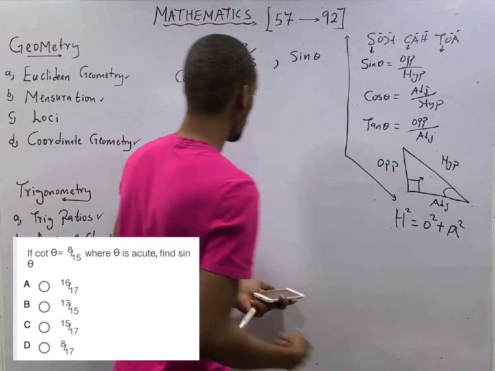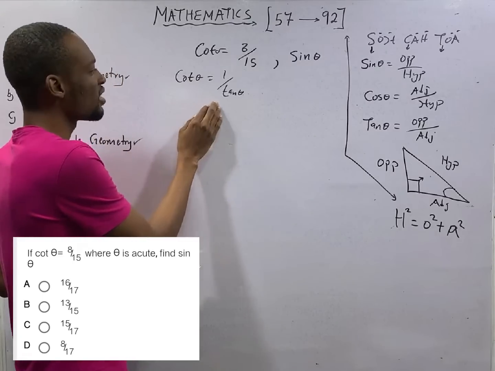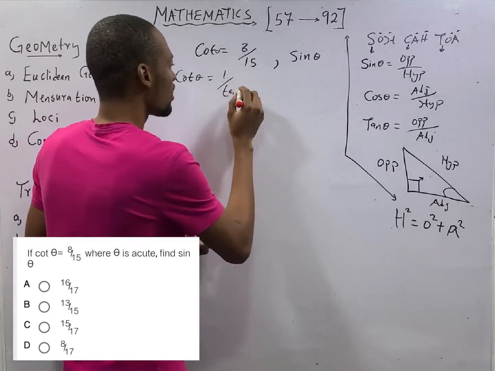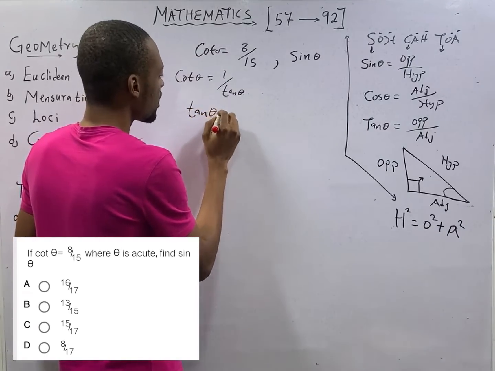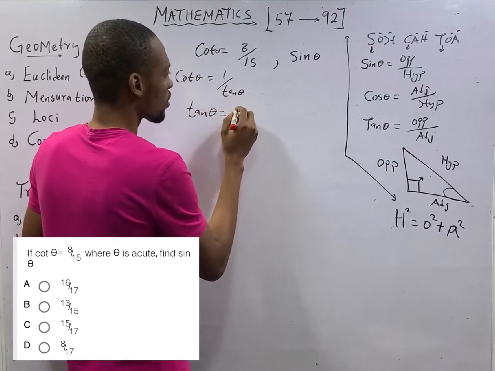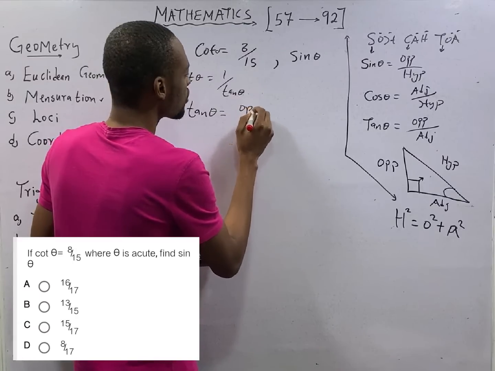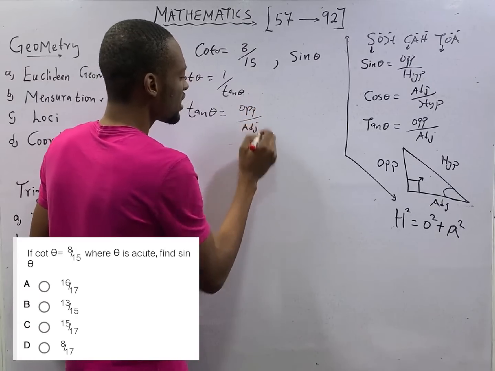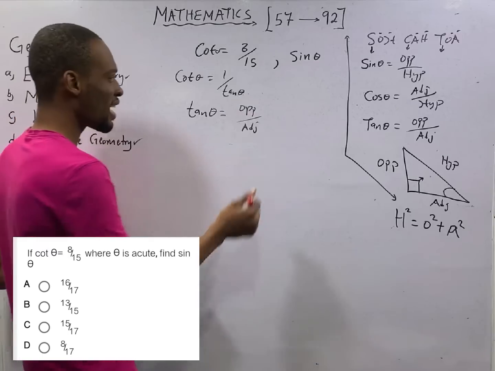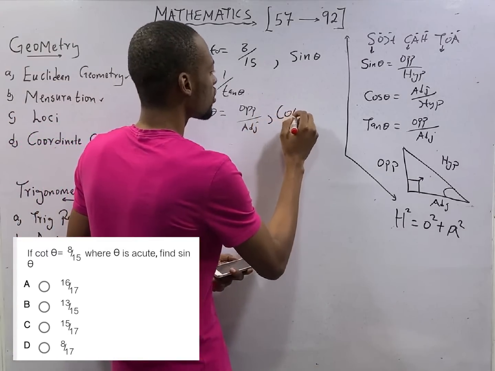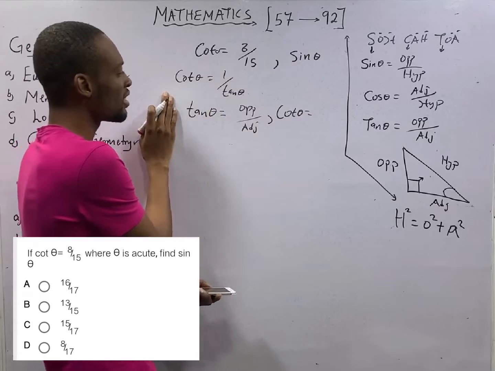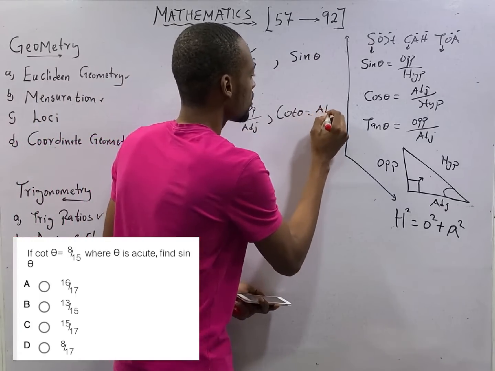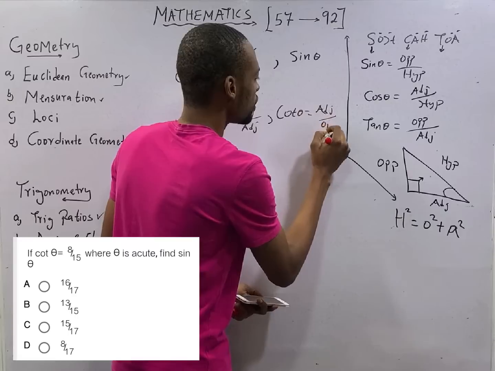If cot theta is 1/tan theta and tan theta is opposite over adjacent, it implies that cot theta is the inverse of tan theta, that is adjacent over opposite.